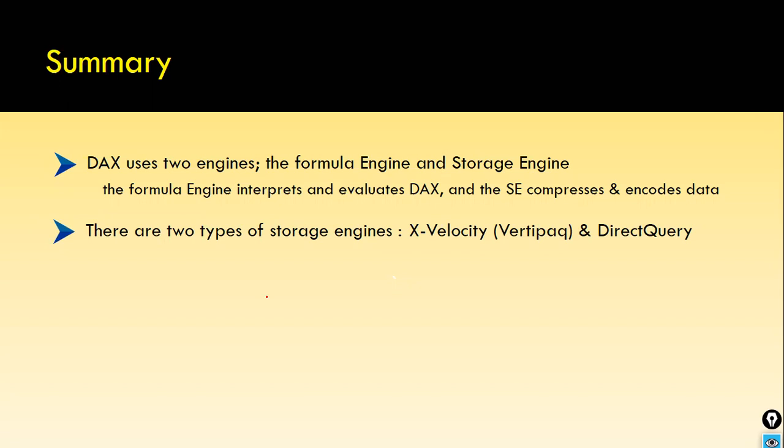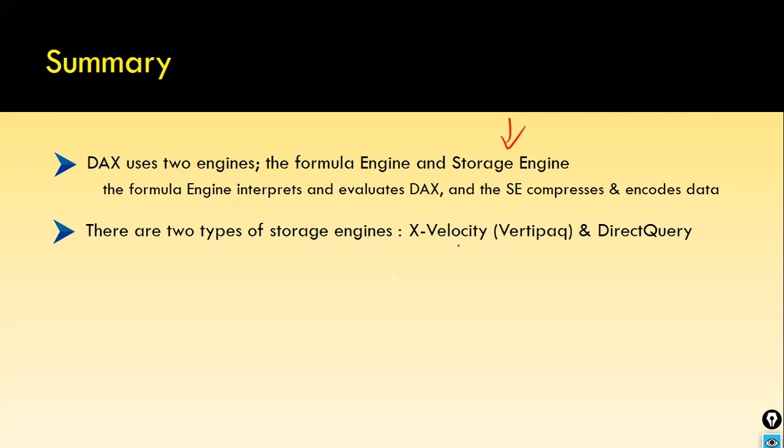To summarize, DAX uses 2 engines, the formula engine and the storage engine. The formula engine interprets and evaluates the DAX, and the storage engine is where the compression and all the encoding happen. Within the storage engine there are 2 types: xVelocity and DirectQuery.